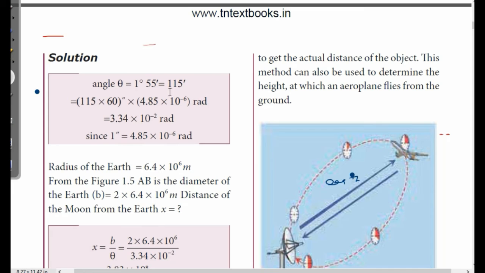In terms of seconds, that is 115 into 60 seconds. One second is 4.85 into 10 to the power minus 6 radian. So we write 115 into 60 seconds into 4.85 into 10 to the power minus 6 radian. When we multiply, we get 3.34 into 10 to the power minus 2 radian.